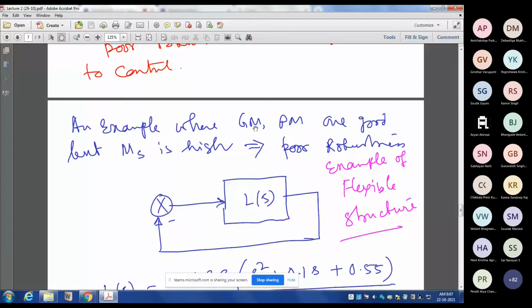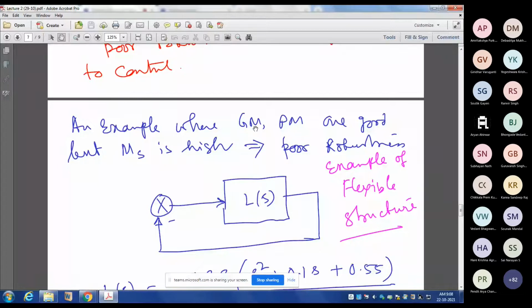And phase margin, I think you know this, for a good design should be greater than or equal to 30 degrees, because phase margin is closely related to the damping ratio of the system: the damping ratio is approximately equal to phase margin divided by 100.